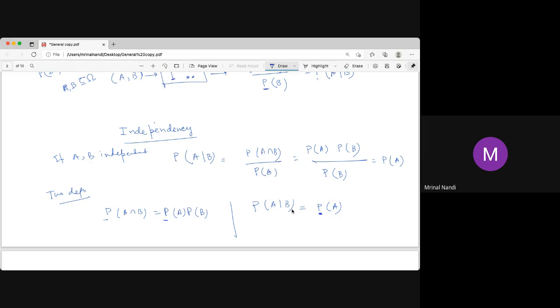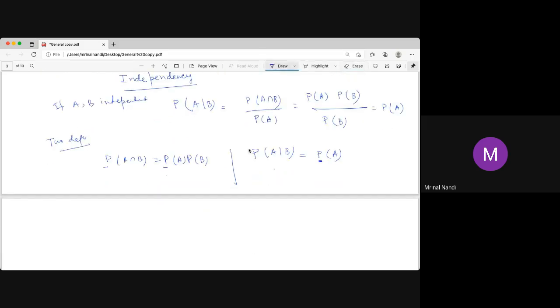Now these two are equivalent definitions, by the definition of A given B, but there is a small thing. If probability of B is 0, then what happens? If probability of B is 0, then this second definition is not valid. Still the left side is valid, because if probability of B is 0, then probability of A intersection B is 0, since any subset must have probability 0.